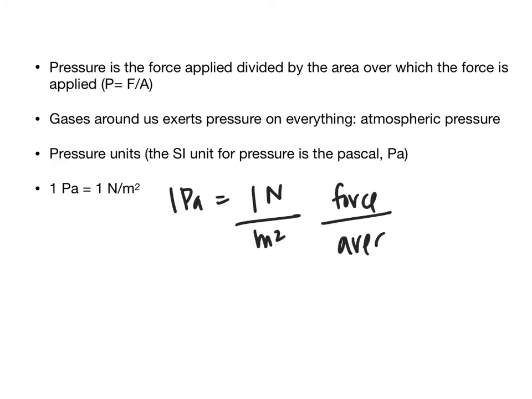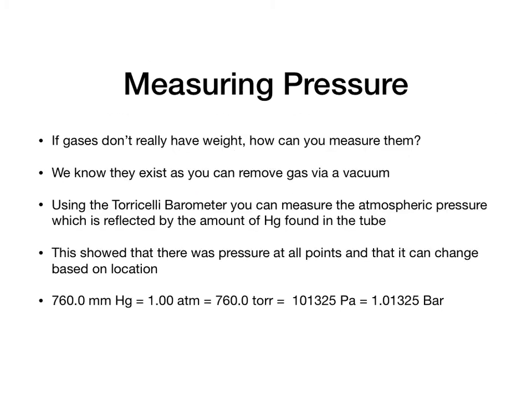There are several other units that we can use to measure pressure, but the SI unit is the Pascal. So how do you measure pressure? Gases tend to be really light, meaning it takes a lot of gas before you could weigh it on a scale. We know they exist because you can remove gas via a vacuum. We know a gas exists, but we can't put it on the scale.